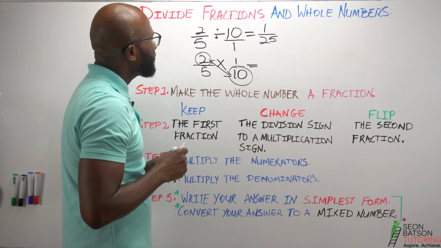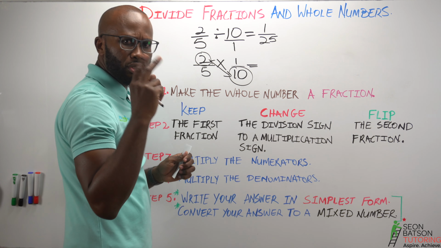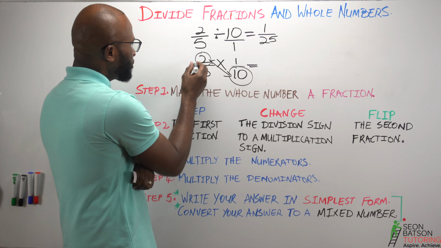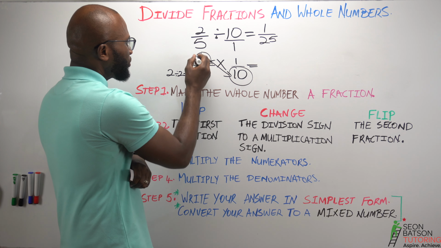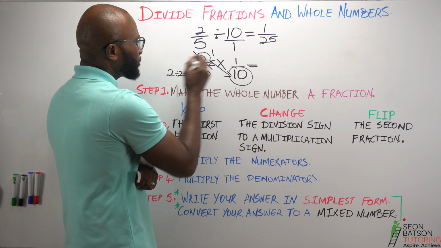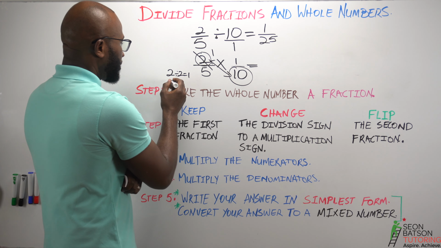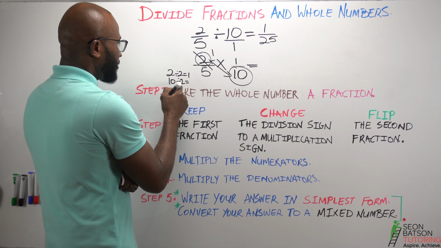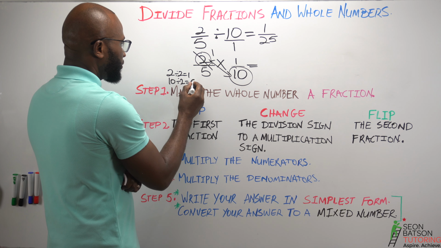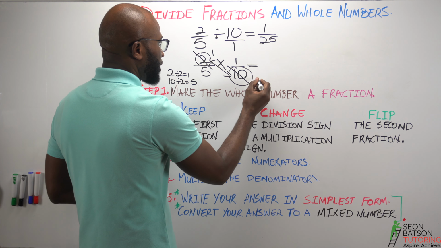Therefore, the greatest common factor for 2 and 10 is 2. So we will divide this 2 by 2. 2 divided by 2 will give us 1. So we will shrink this 2 to a 1. Then we will divide the denominator 10 by 2. And 10 divided by 2 is 5. So we will shrink this 10 to a 5.